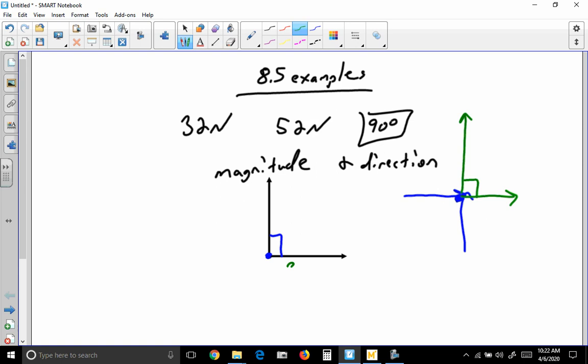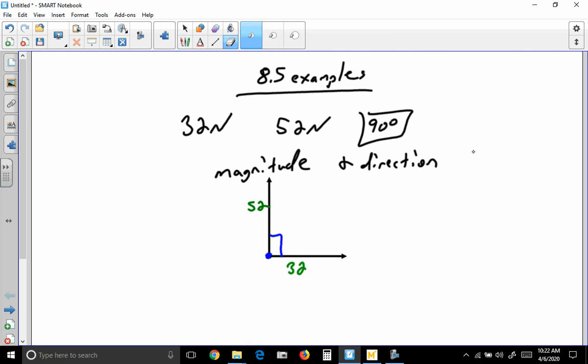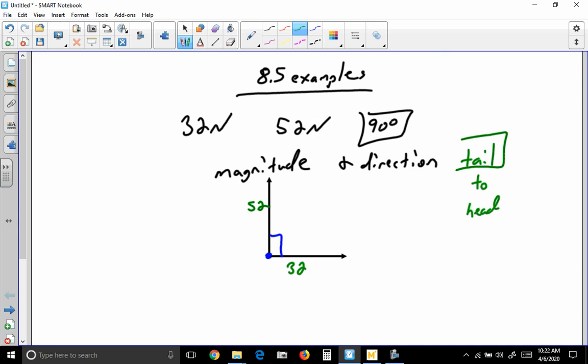So let's call this one the 32 Newton force and this one the 52 Newton force. So that's the direction the vectors are going, but that's not how we add them together. Anytime we add vectors together, we have to add them tail to head, meaning from the tail of one vector, we put the head of the other vector, or from the head of one, we put the tail of the other.